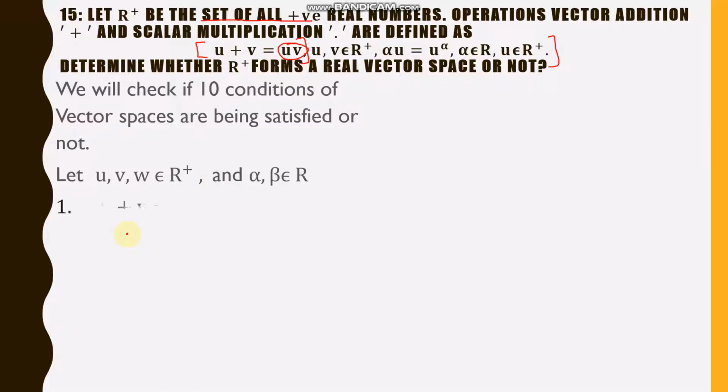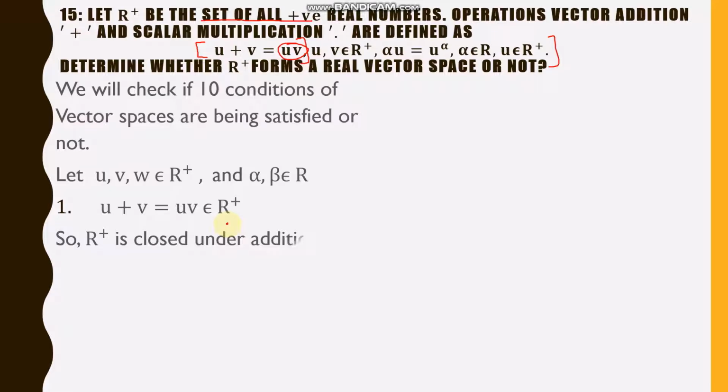So it is closed. If you apply the operation of addition here, you will get u into v, means you'll be multiplying those two positive real numbers and the answer will come out to be a positive real number only. So it is closed.